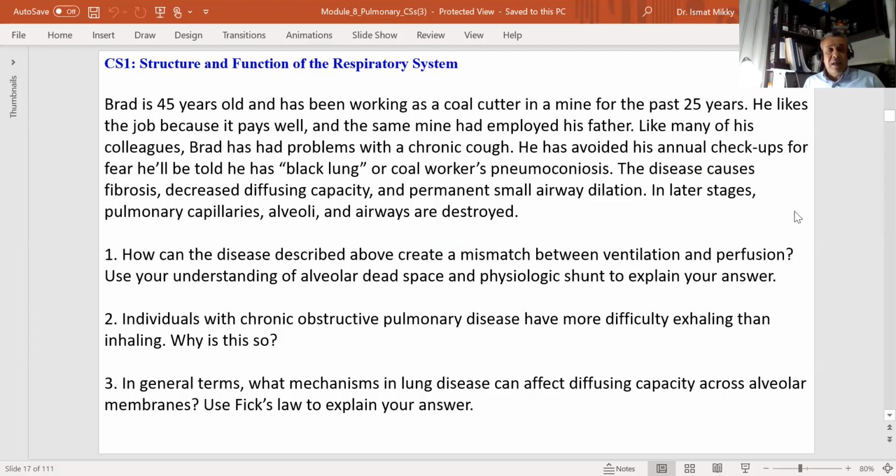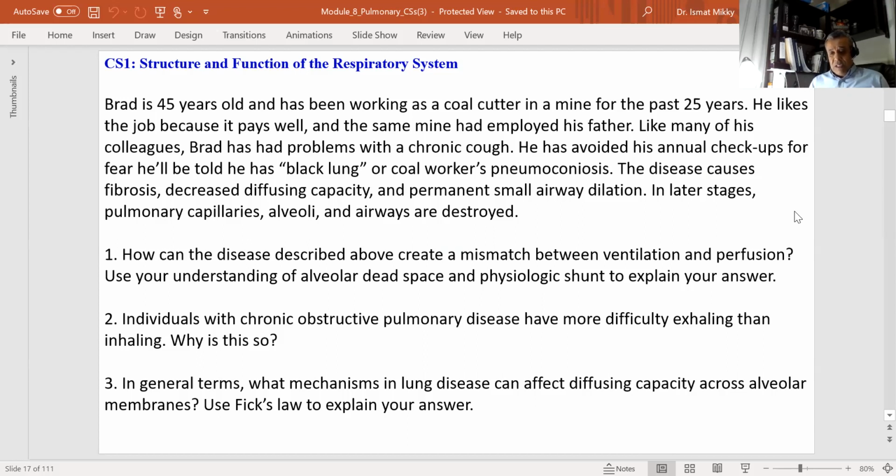It also stipulates that diffusion is inversely proportional to membrane thickness. So these 2 factors, diffusion and membrane thickness, are inversely related.